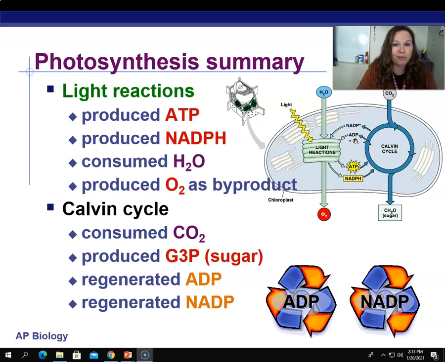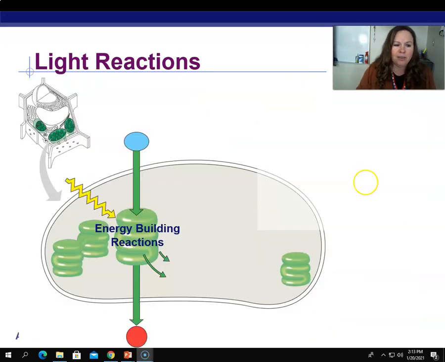And that's important for keeping carbon dioxide levels down on Earth. We produce G3P sugar, which can go on to be made into other carbohydrates. And well, we end up with 2 byproducts, ADP and NADP, but that's okay because those can go back to the light reactions in the thylakoids and get regenerated back to ATP and NADPH again to live another day, right?